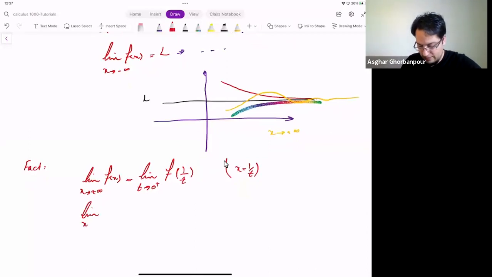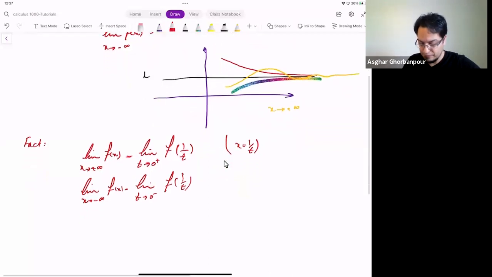For negative infinity, the same story goes ahead, but this time we have to let t go to 0 from the left. Okay.